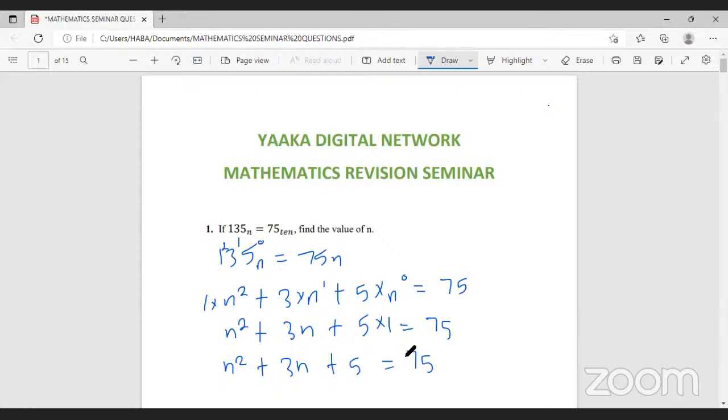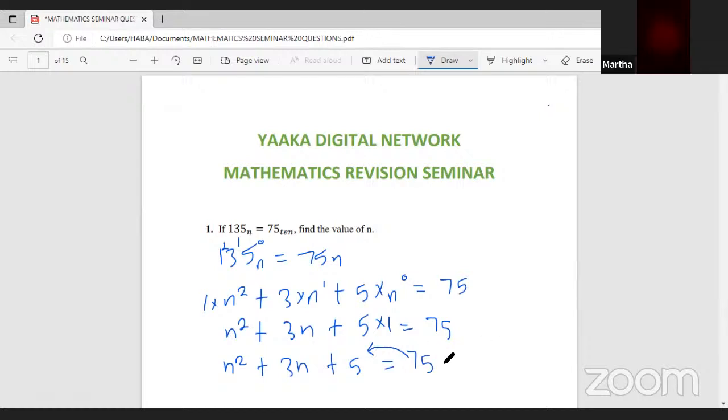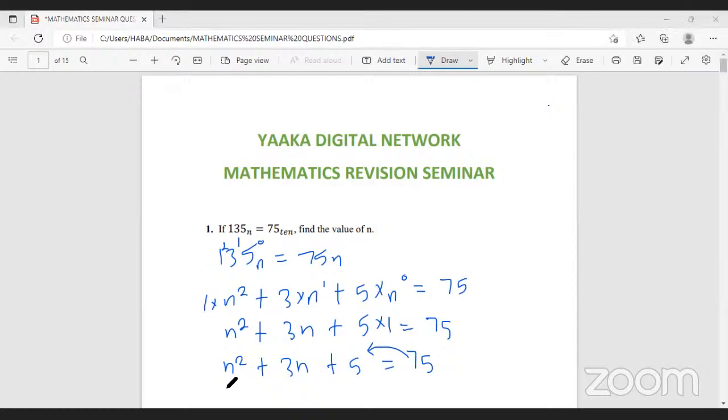So we are going to transfer the 75 to the left-hand side. So we shall have n squared plus 3n plus 5 minus 75 is equal to 0.